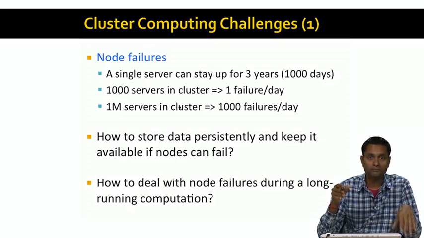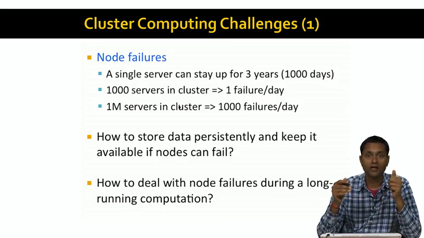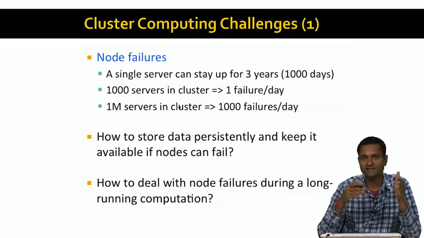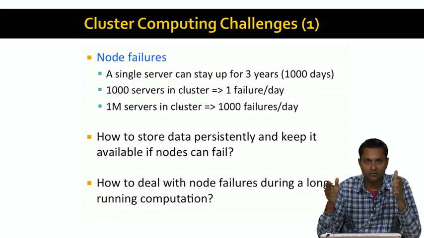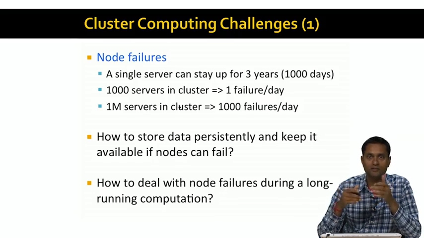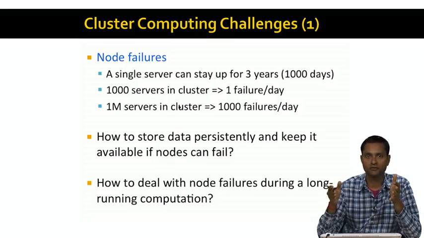Now, the second problem is one of availability. So let's say you're running one of these computations, and this computation is analyzing massive amounts of data, and it's chugging through the computation, and it's run halfway through the computation, and at this critical point, a couple of nodes fail, right? And that node had data that's necessary for the computation.